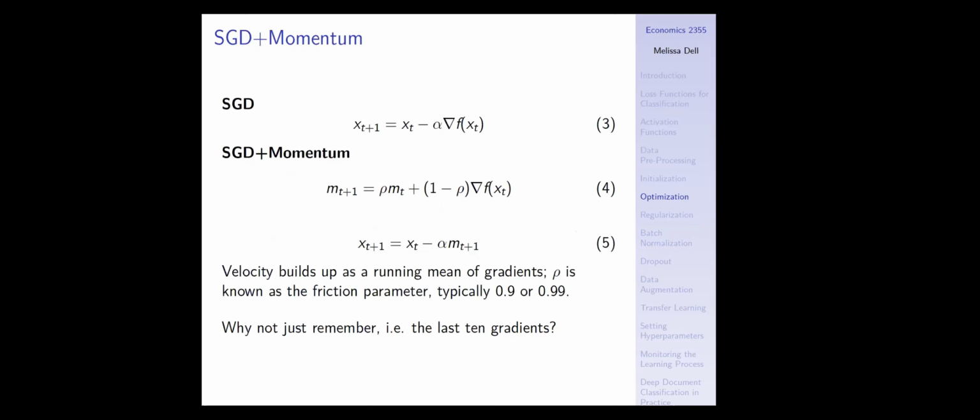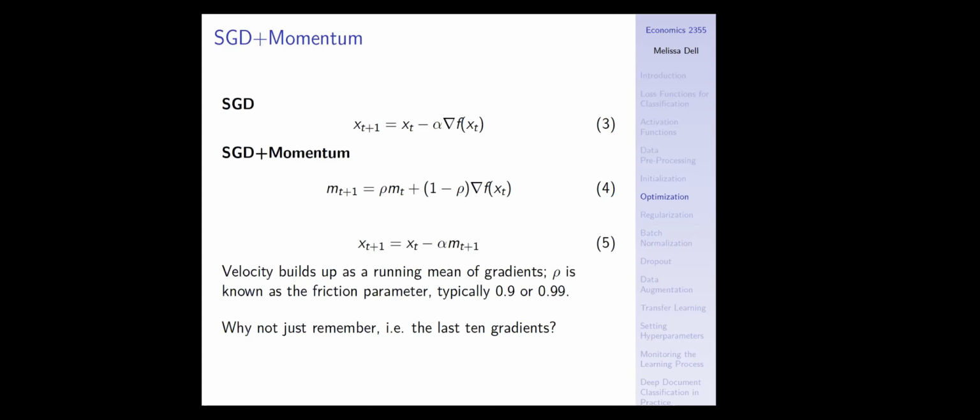The first thing I'm going to talk about is momentum. You see just the regular stochastic gradient descent first. You update by moving in the direction of the negative gradient, multiplying by your learning rate, which I've called alpha. What momentum does is make a modest change that actually makes a big difference.